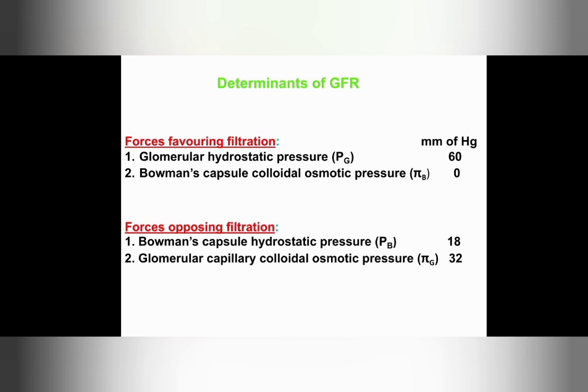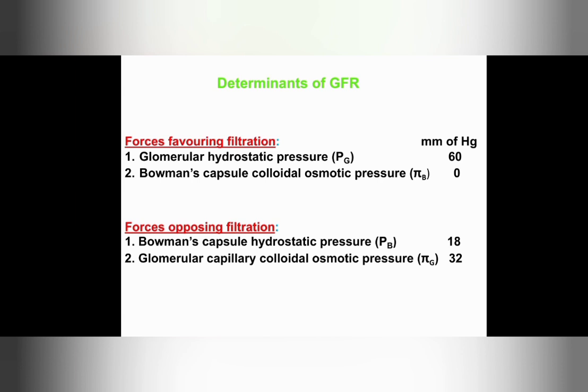Colloids have many properties; one property is that they generate pressure, and they are responsible for the osmotic pressure. Osmotic pressure resists any fluid from going out. So because of the plasma proteins inside the glomerular capillaries, there is glomerular capillary colloidal osmotic pressure, and that force opposes the filtration.